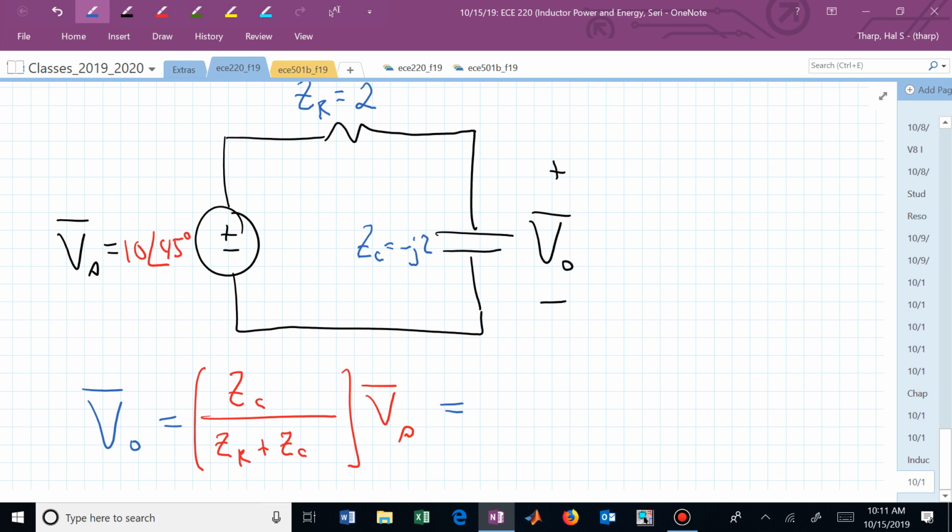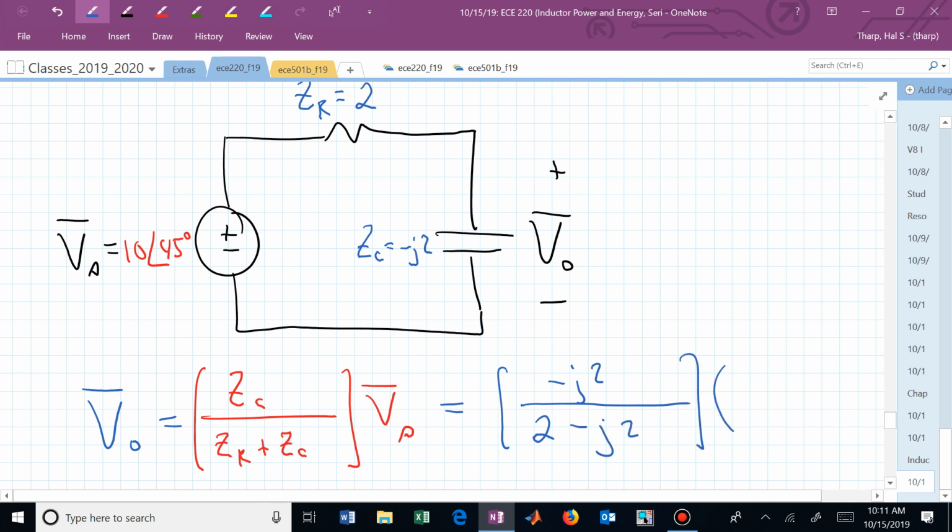Now just replace these Z's and V's with what they are as complex numbers. Z sub C is minus J2. Z sub R is 2. Z sub C is minus J2, and they're multiplying by, or being multiplied by 10 at an angle of 45 degrees.